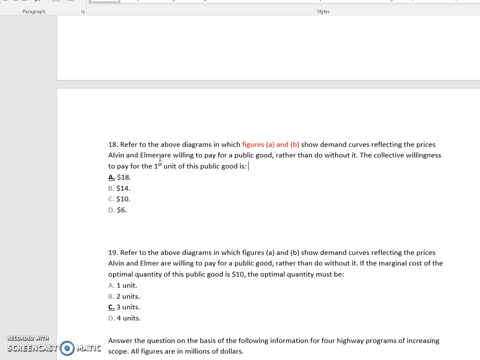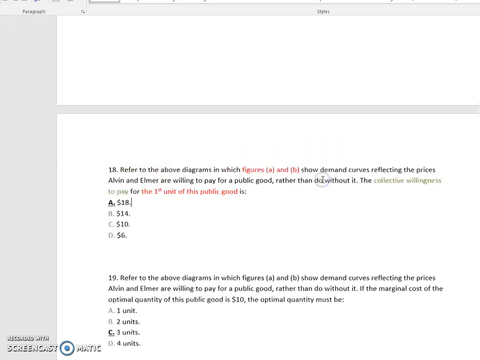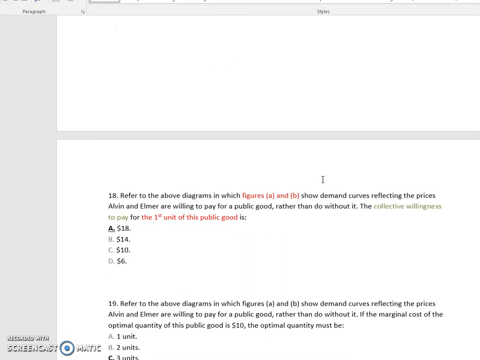The collective willingness to pay for the first unit of public good is how much? So now we have to add those two. For Elmar and Alvin, for that unit, how much do they want to pay? Add those for that particular unit.